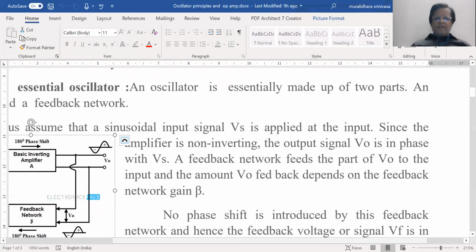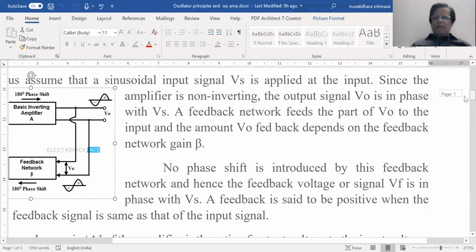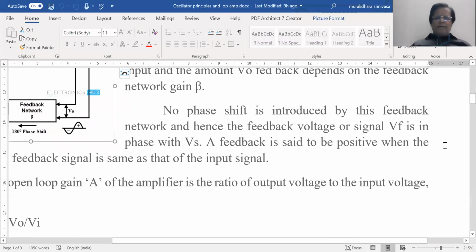Since the amplifier is non-inverting, the output signal V0 is in phase with Vs. A feedback network feeds a part of V0 into the input, and the amount depends upon the feedback coefficient beta or network gain beta. No phase shift is introduced by the feedback network. Hence, the feedback voltage Vf is in phase with the applied voltage Vs. In such a case, it is called positive feedback.